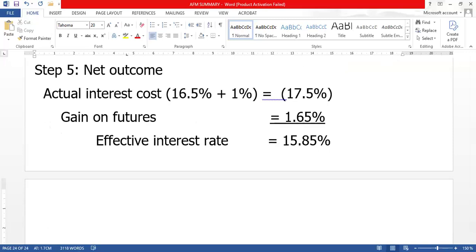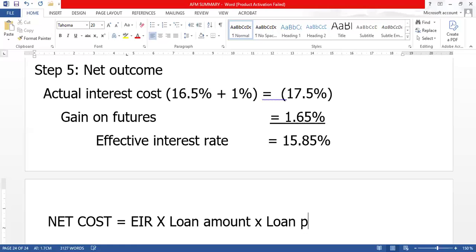Once you get your effective interest rate, you can get the net cost. The net cost will be the effective interest rate times the loan amount, then times the loan period over 12.